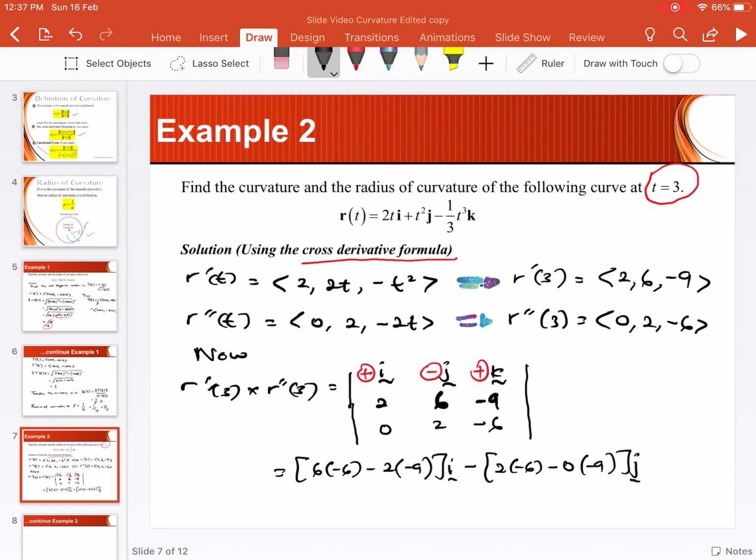And then we have plus 2 times 2 minus 0 times 6.